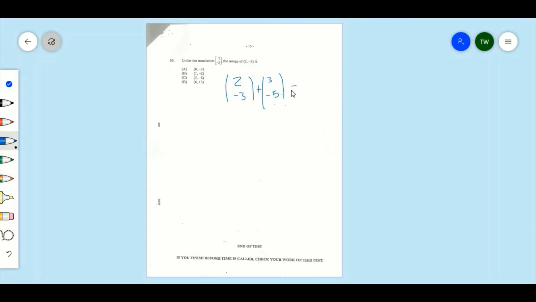And that's going to equal 2 plus 3, which is 5, and -3 plus -5, which gives us -8. So the image is going to be (5, -8). And the answer here is going to be C.